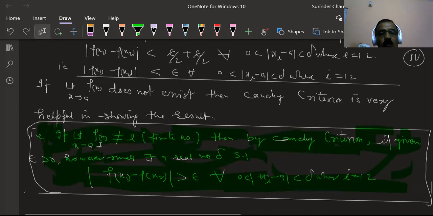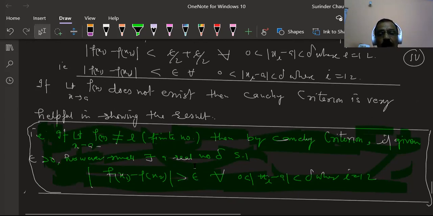Now, if the limit of f(x) as x goes to a is not equal to L, not a finite number, then by the Cauchy criterion, if given epsilon greater than 0, how small, there is a positive number delta such that |f(x) - L| is greater than epsilon.